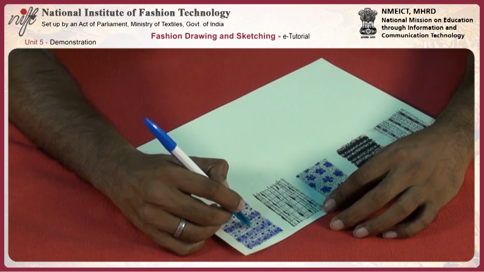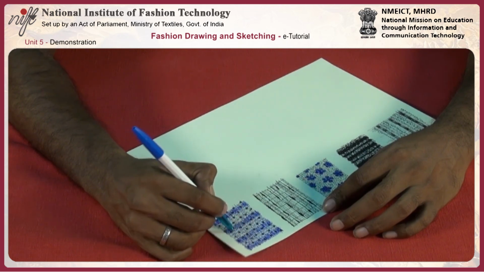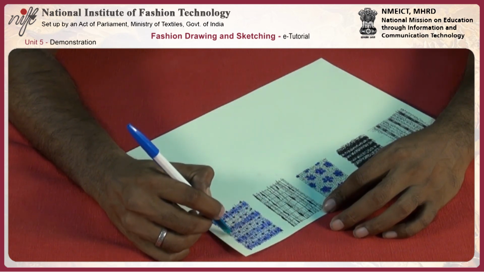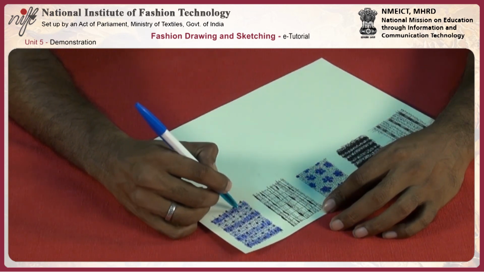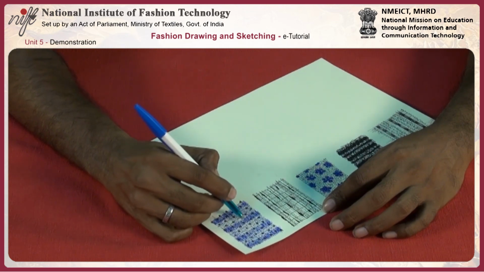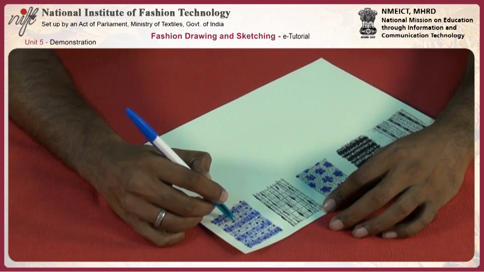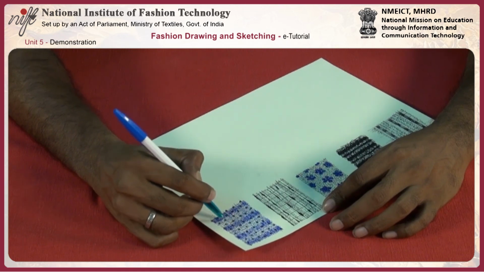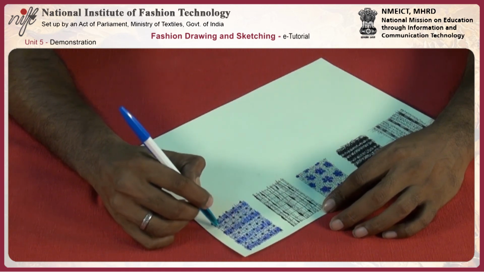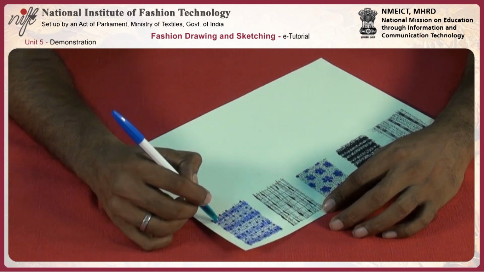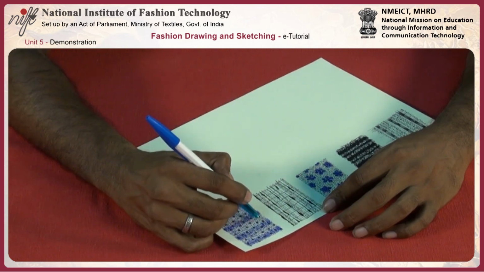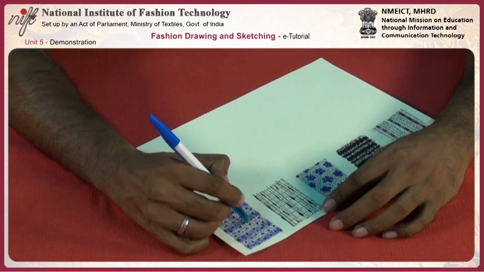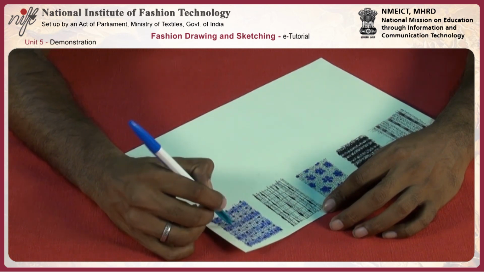The variation with the previously drawn stripes is reduced by drawing these diagonal lines. This is a method that I have mentioned earlier known as cross hatching.